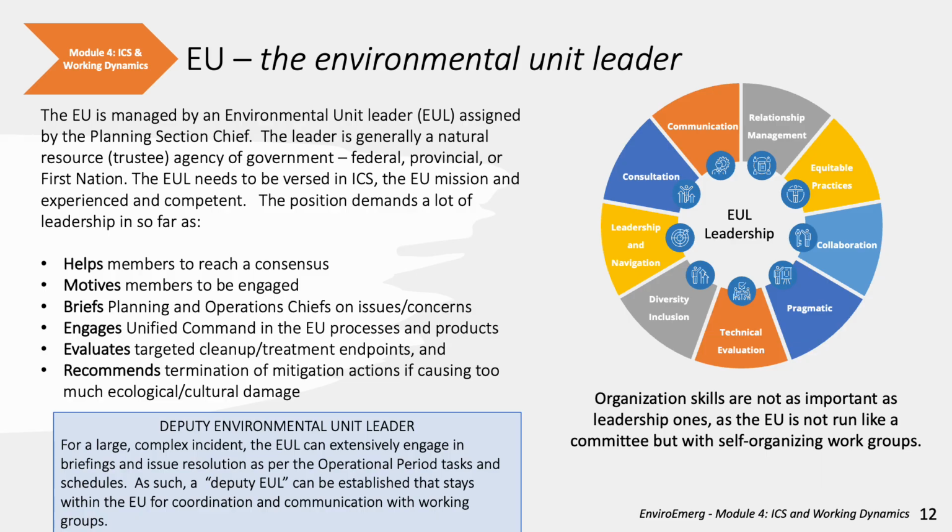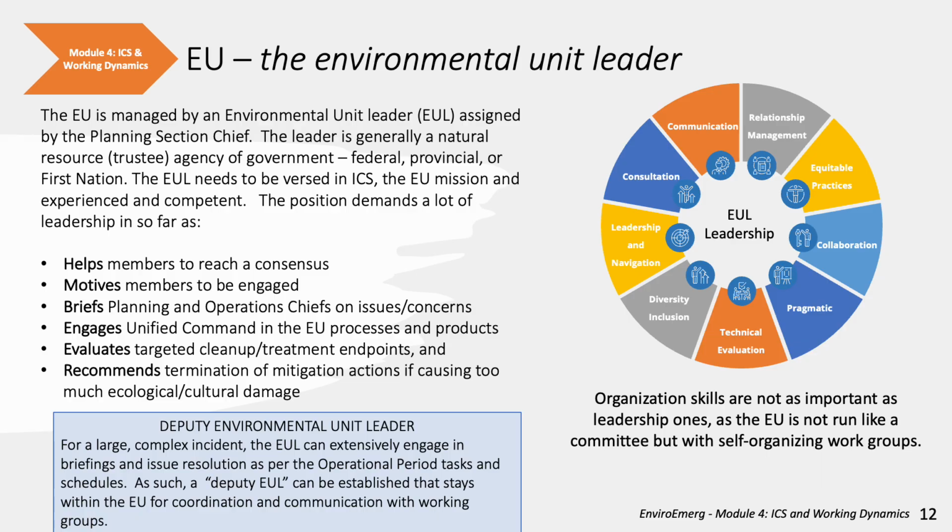This is because the position demands a lot of leadership insofar as it helps members to reach consensus, motivates them to be engaged, briefs planning and operations chiefs on issues and concerns, engages Unified Command in environmental unit processes and products, evaluates target cleanup endpoints, such as determining what level of treatment is required on oiled shores, and recommends termination and mitigation actions if causing too much ecological or cultural damage.